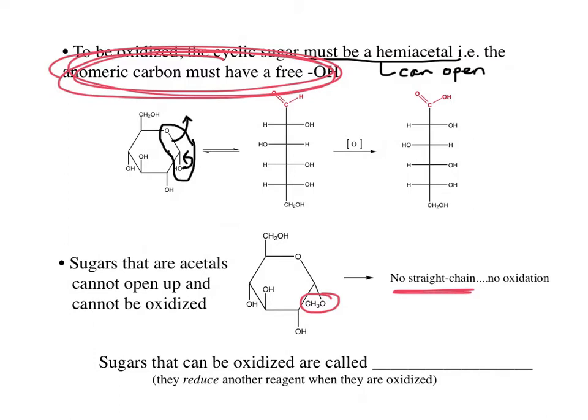So sugars that can be oxidized are called reducing sugars. I do not know why they couldn't just keep it simple like we've done our whole 2 semesters. But reducing sugar: if a sugar is a reducing sugar, it was able to be oxidized. It had the aldehyde.